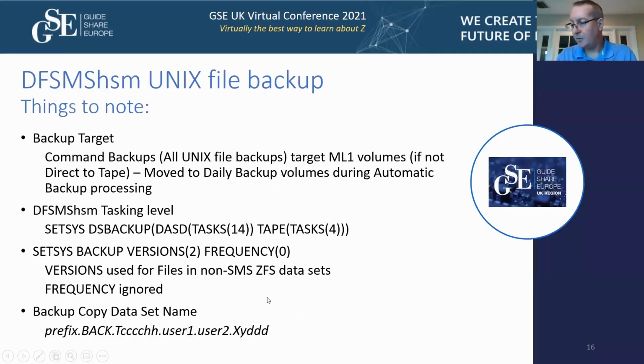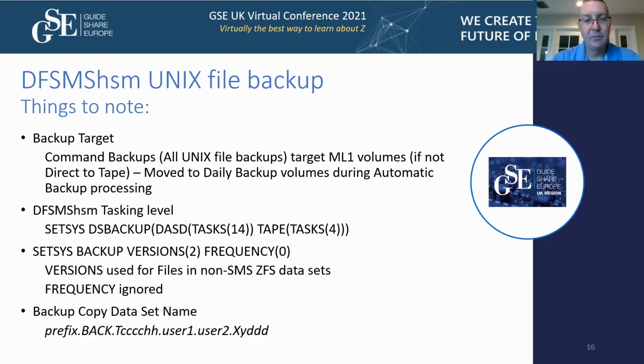Okay, so back to the mainline type thing. Just wanted to note some things for you. The Unix file backup processing is all command level type stuff. And so for HSM, that means that it targets the ML1 volumes if you're going to DASD.